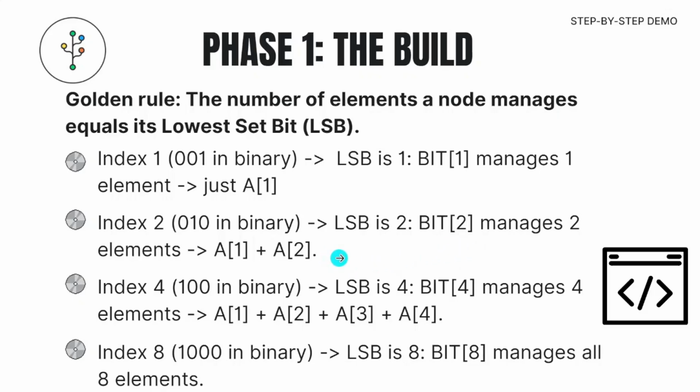Index 4 has the LSB 4, and this corresponds to the fact that bit 4 manages 4 elements from A1 to A4. And with index 8, 1000 in binary, its LSB is 8, which means that bit 8 will manage all 8 elements, A1 to A8.